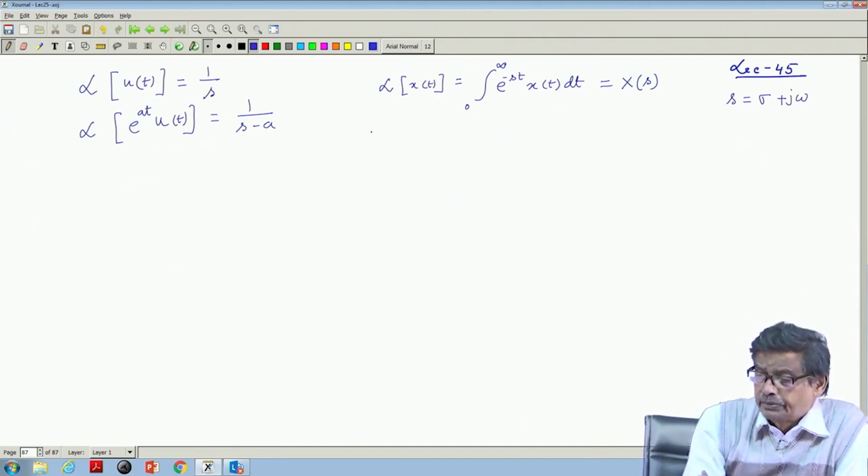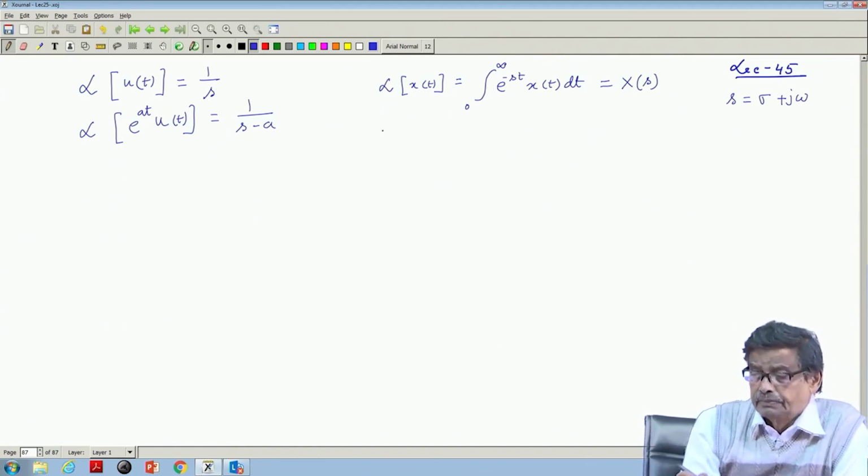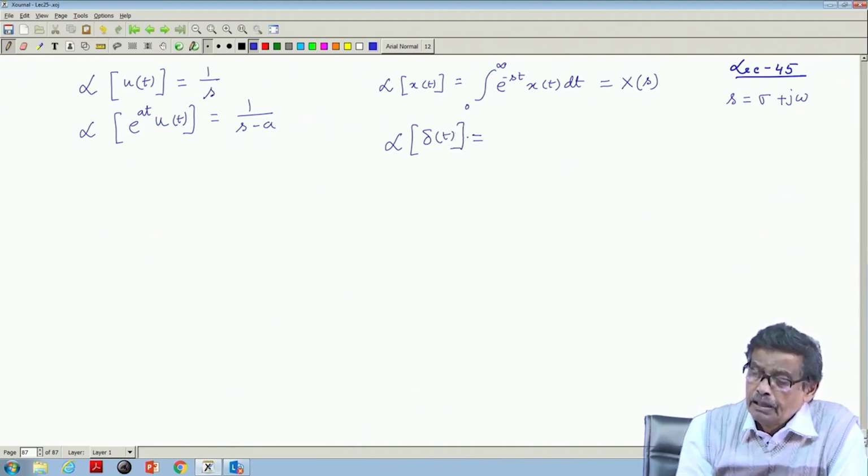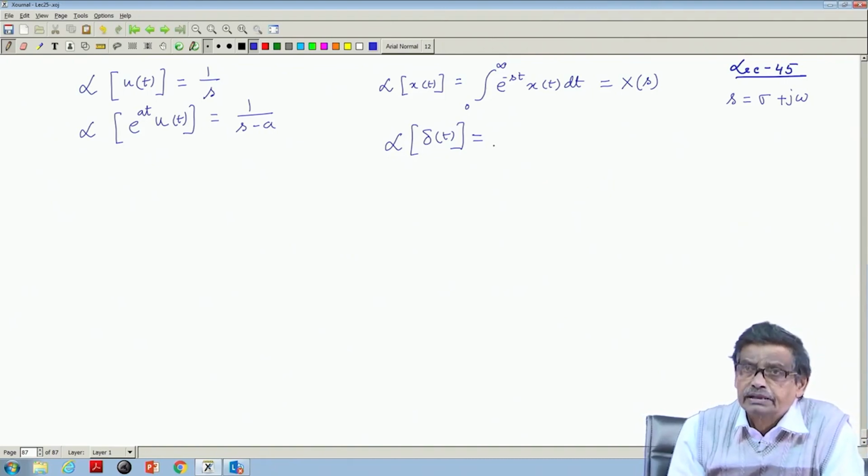First, let us today find the Laplace transform of another function, which is delta t, the unit impulse function. It is very simple, but this delta t function exists from 0 minus to 0 plus.